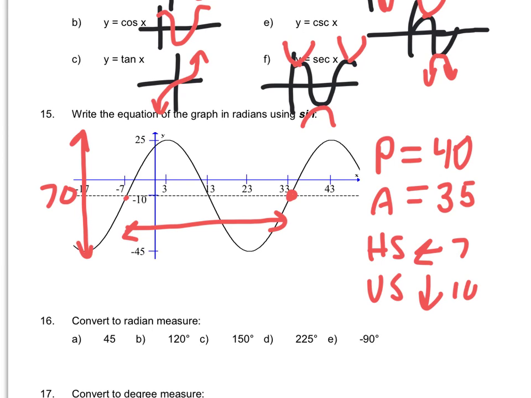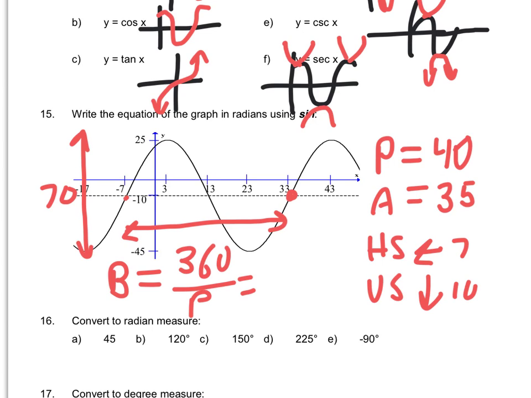And the b value is 360 divided by the period, which is 360 divided by 45.